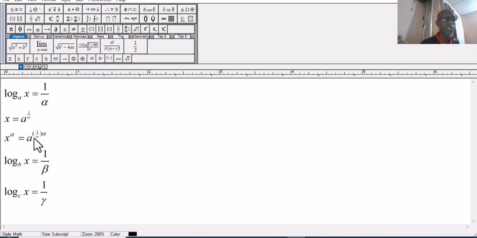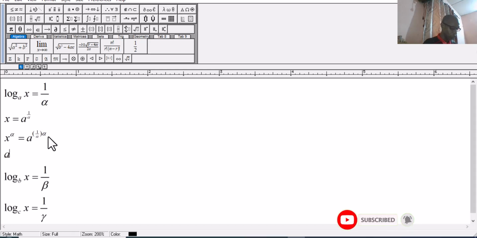By the time I do that, the alpha goes away, because 1 over alpha times alpha will just give you a. So a is equal to x raised to the power of alpha.